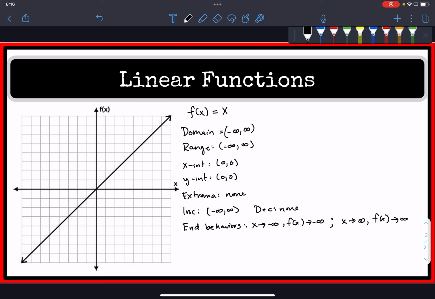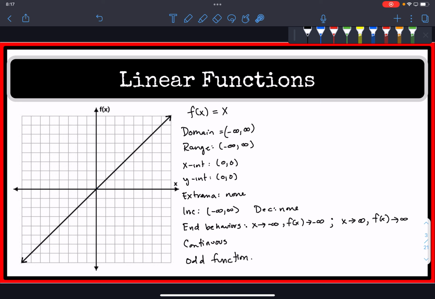It has no discontinuity. This function is continuous. There are no gaps, holes, or jumps of any kind. And this is referred to as an even function. I'm sorry, not an even function. How silly of me. This is referred to as an odd function. Because as you can see, if I flip this 180 degrees, this is going to be symmetrical through the origin.